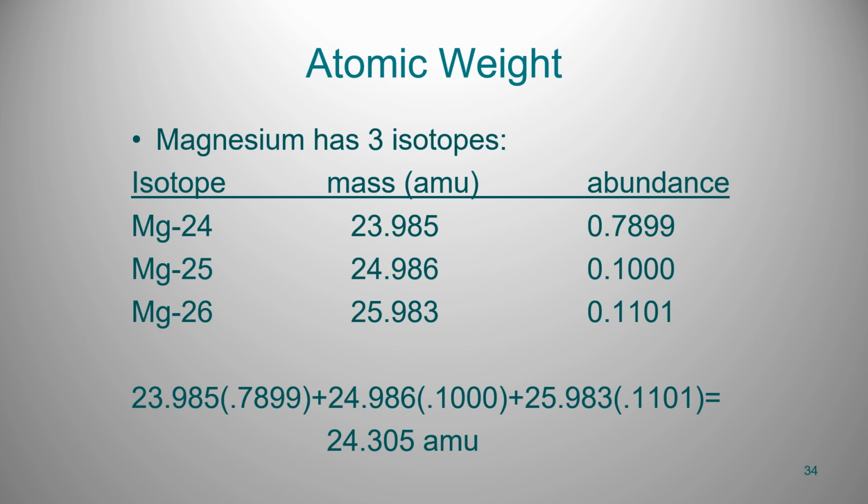But either way, make sure to convert them to decimals. So the mass of the first one times its abundance, plus the mass of the second one times its abundance, plus the mass of the third one times its abundance. And you can see, again, we predicted it should be closer to 24, and it is. So most of the mass is from the 24. All right, so you should be able to do that.